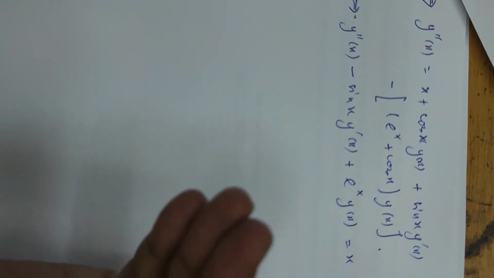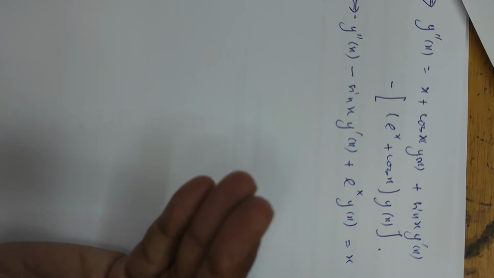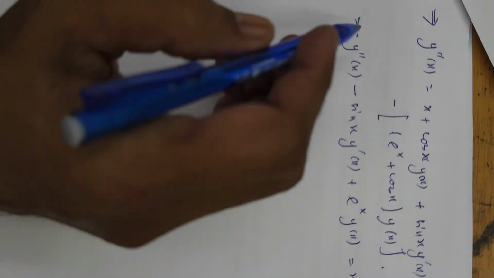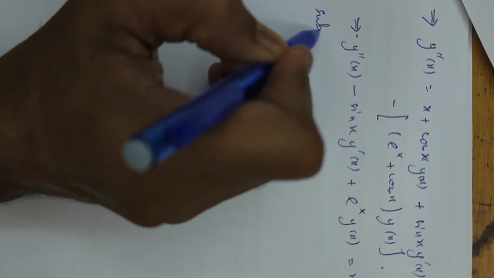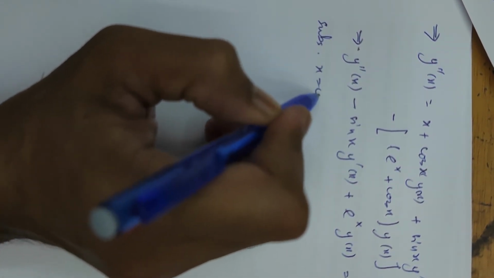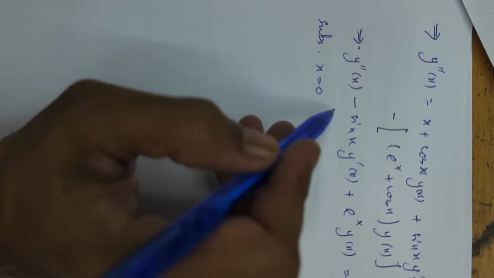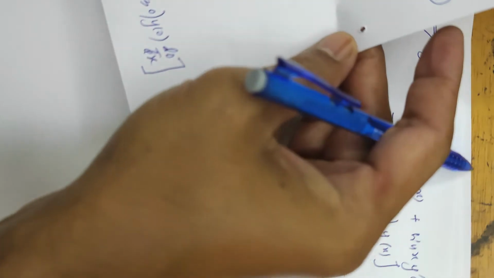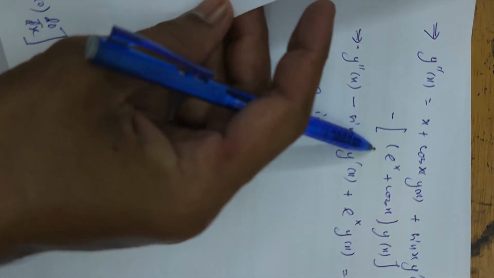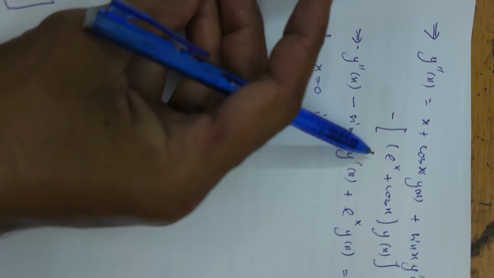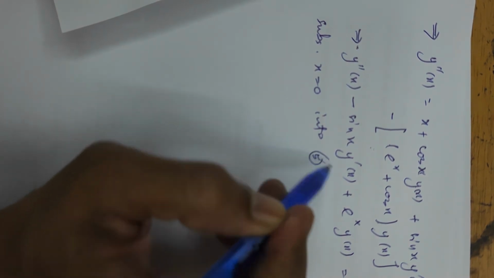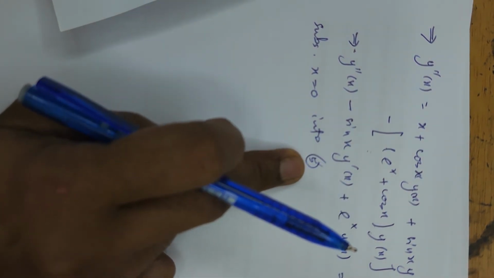Now to get the initial conditions, we just substitute x equal to 0 into y and y prime. Y is equation number 5, so substituting into that gives the initial condition for y.